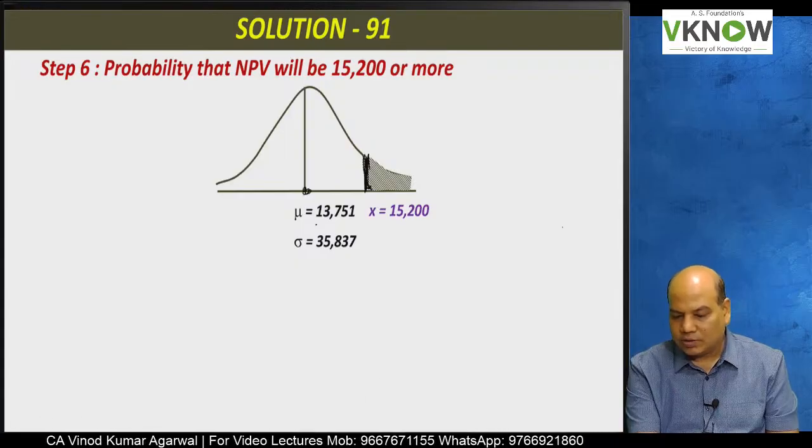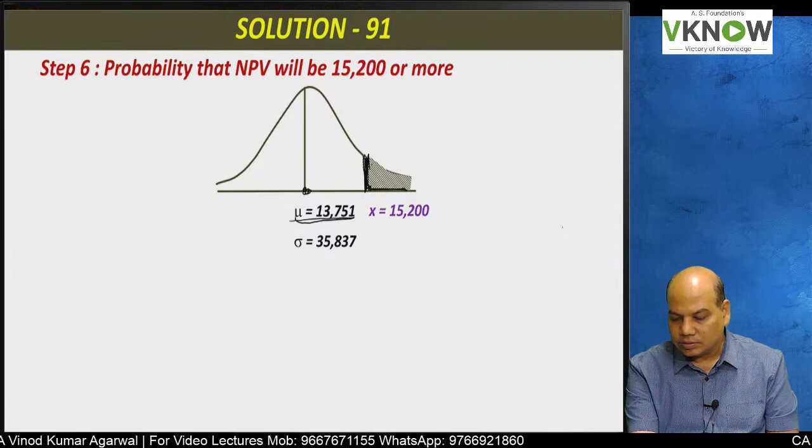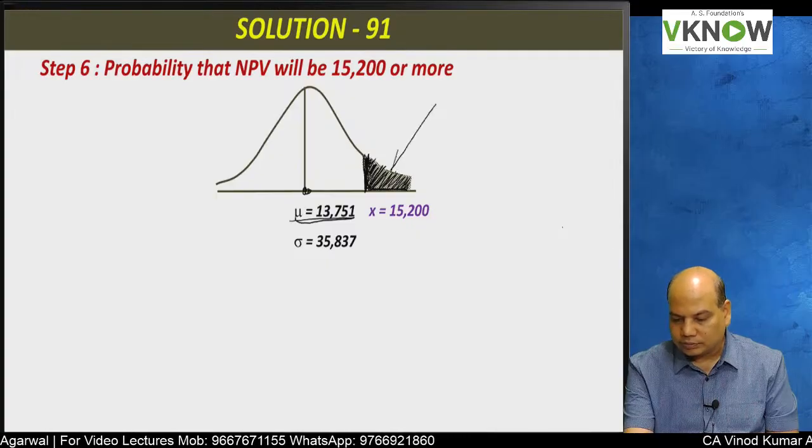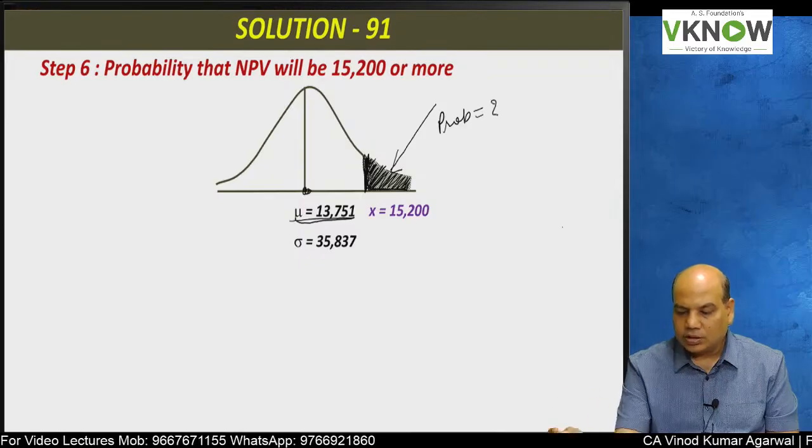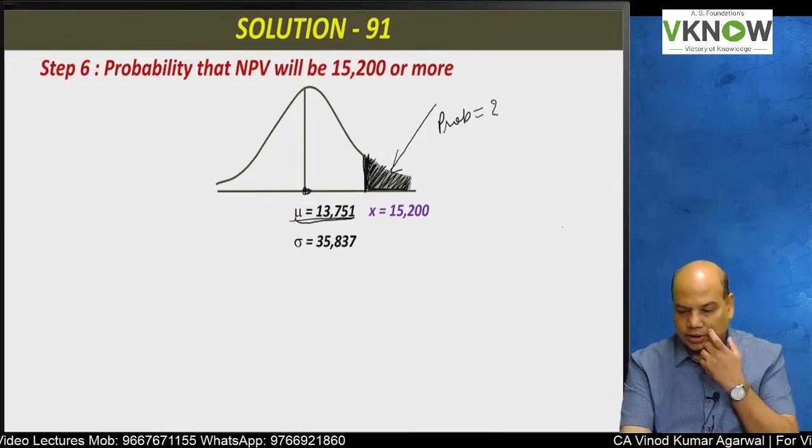Mean is in the center 13751. So 15,200 will fall on the right side. We want the probability of this area. We want the probability of more than 15,200.